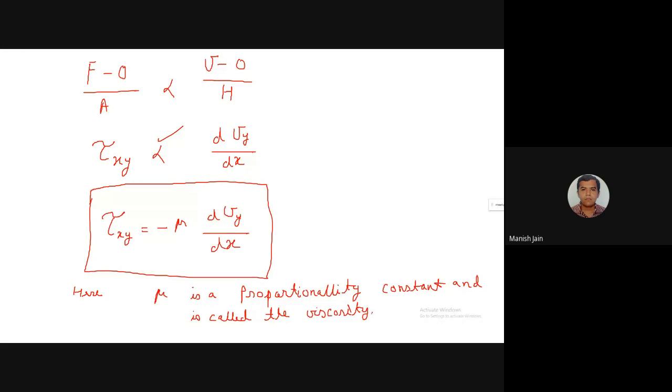Okay. So what is viscosity? Viscosity is the resistance to flow. Basically, viscosity signifies the resistance to flow. Mu is a property of fluid.